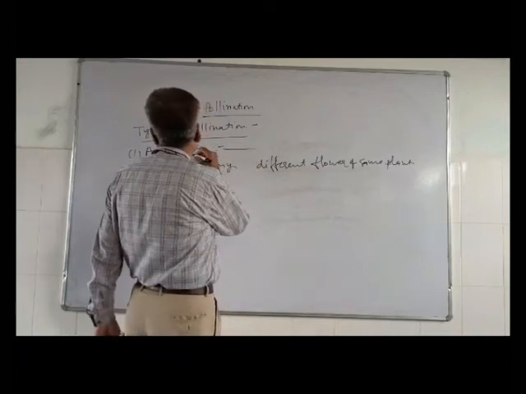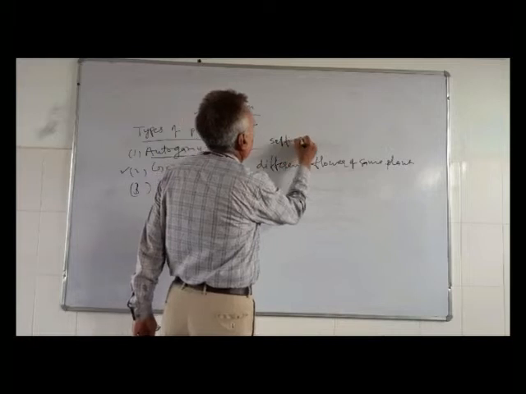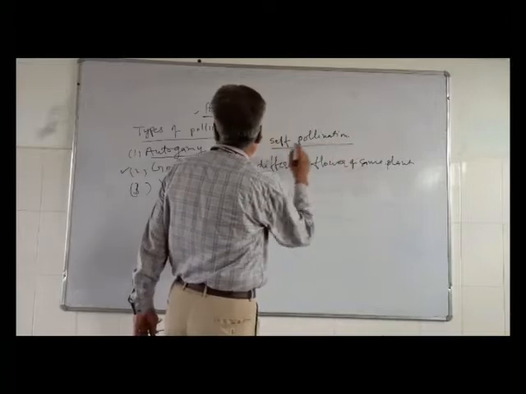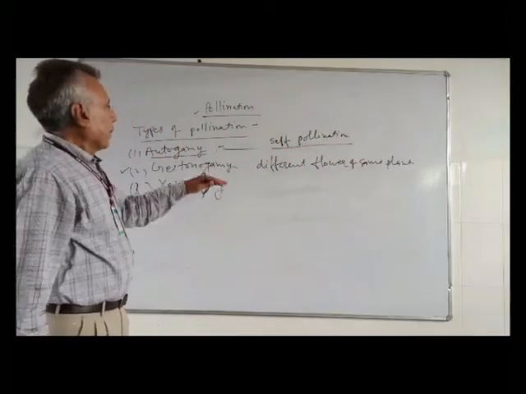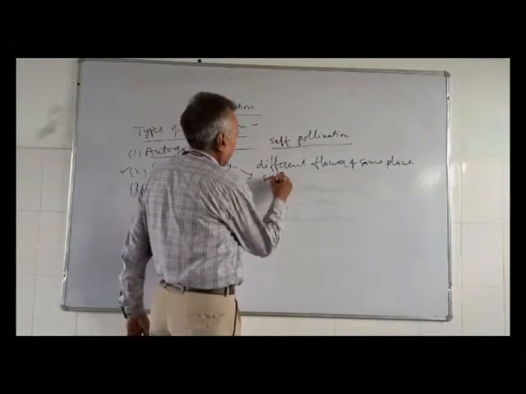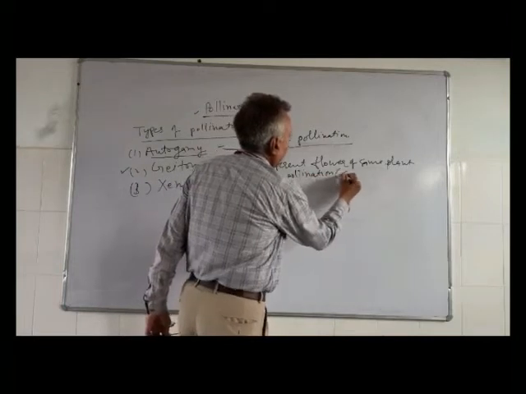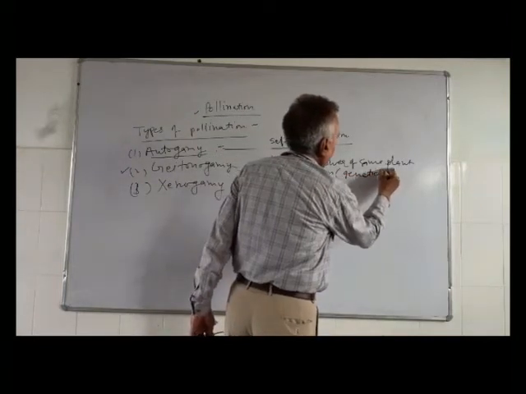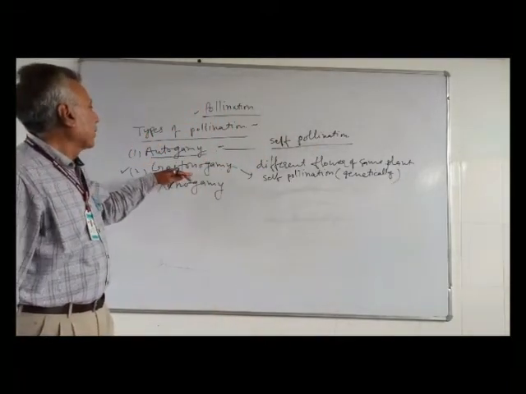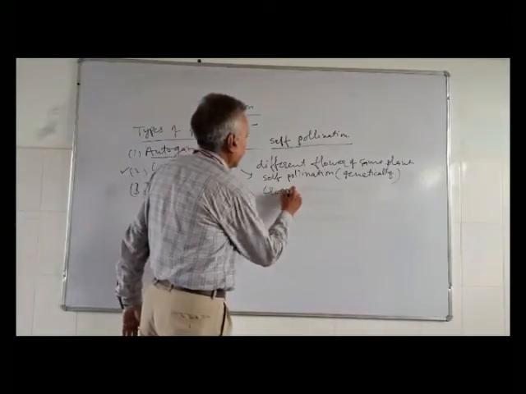We can say autogamy is self pollination, and geitonogamy, genetically, is also self pollination. But ecologically, geitonogamy is cross pollination.